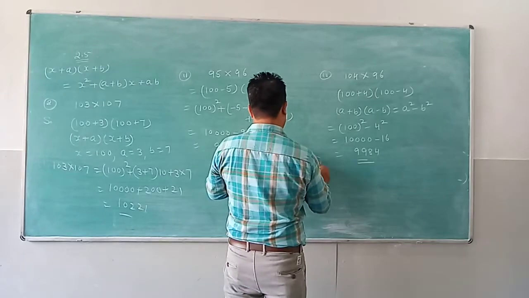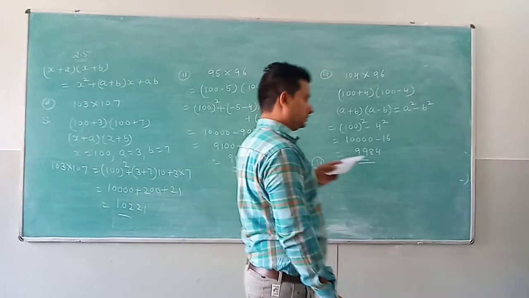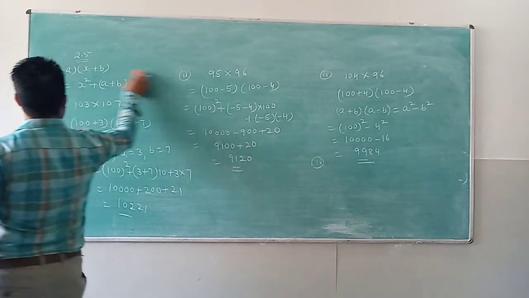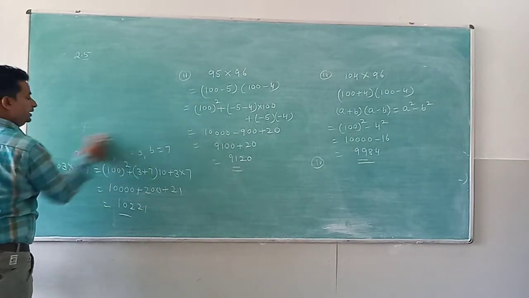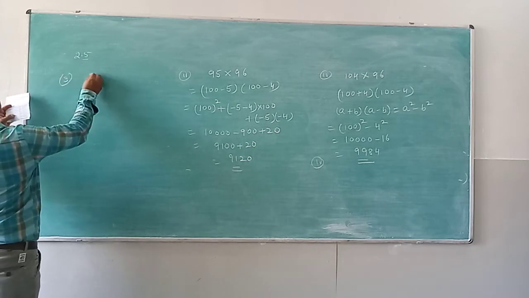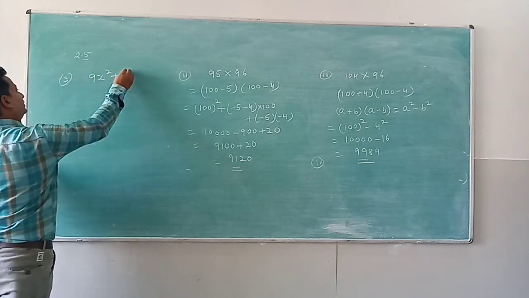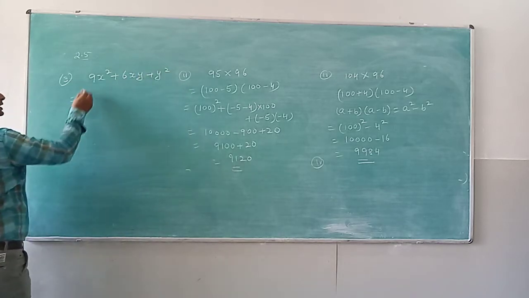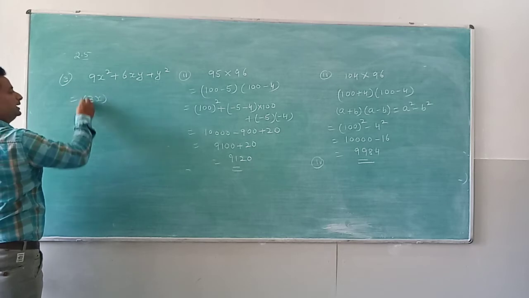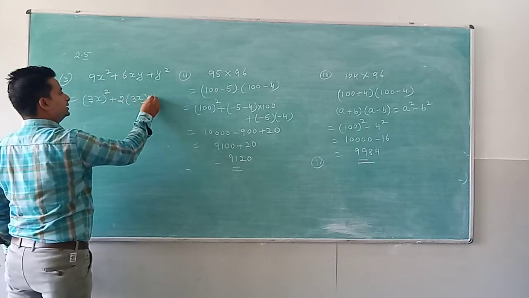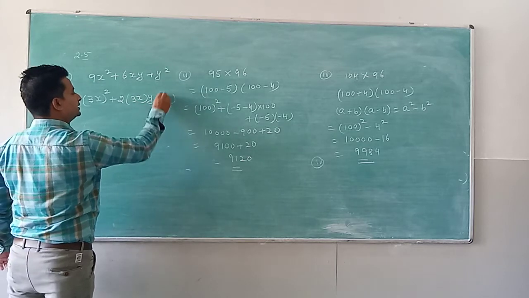In the next question, question number 3, factorize by using a suitable identity. In the third question, we factorize by using a suitable identity. First question is 9x² + 6xy + y². We write it as (3x) whole square, plus 2 into 3x into y, plus y².